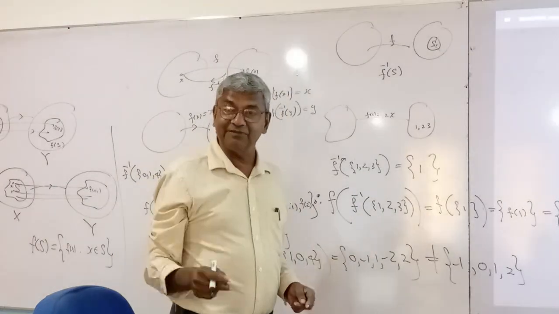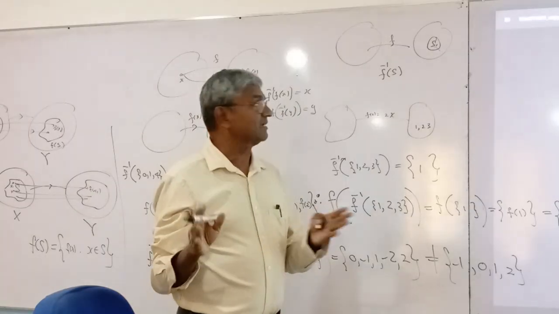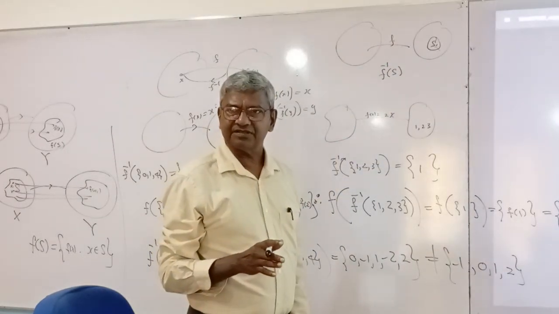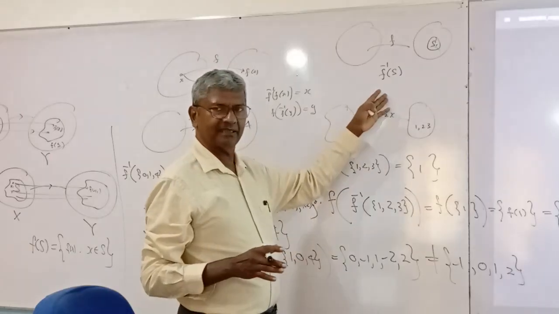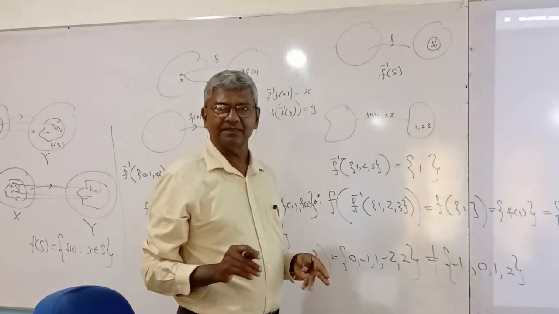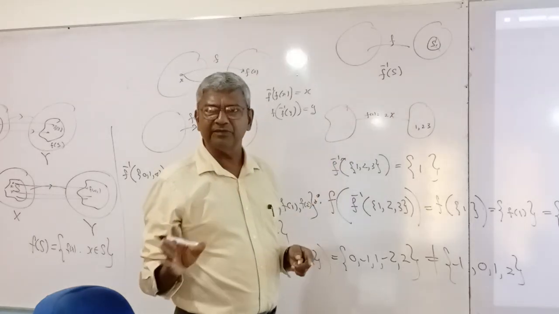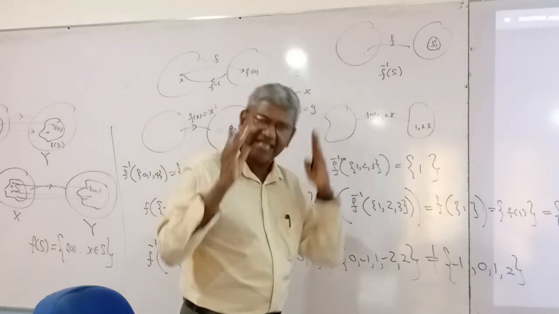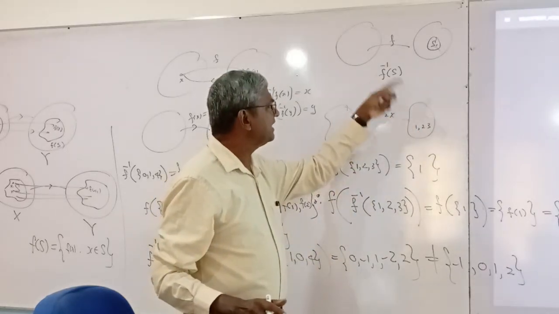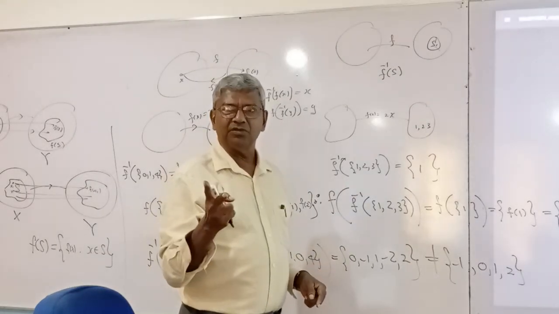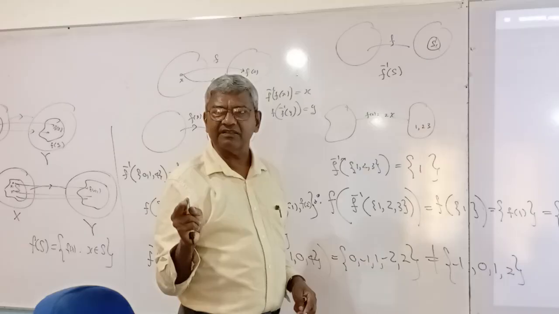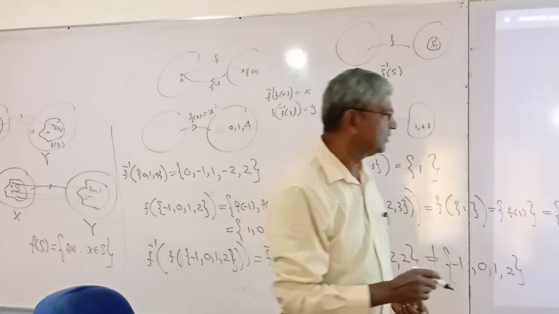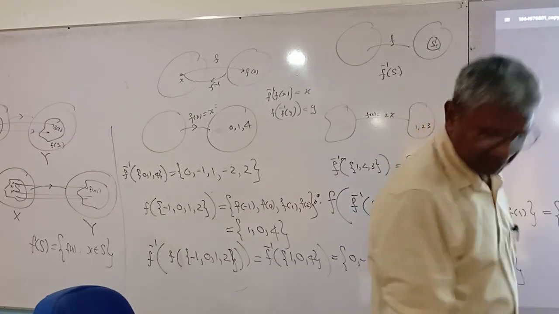Also, you can compute f inverse of S whether or not f is one-to-one. So you have to prove that when f is one-to-one, f inverse of S has two different meanings, yet even if f is not one-to-one, f inverse of S has a meaning. When f is one-to-one, even though you can compute f inverse of S in two different ways, both are the same. Very easy one. So I am not going to write the proof on the board.